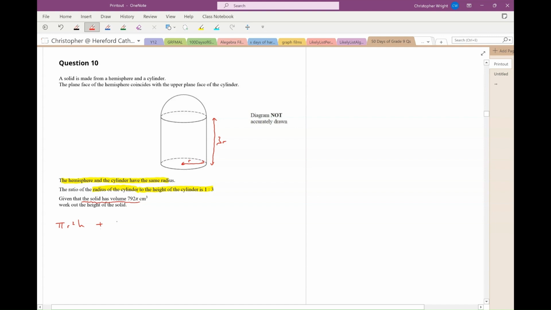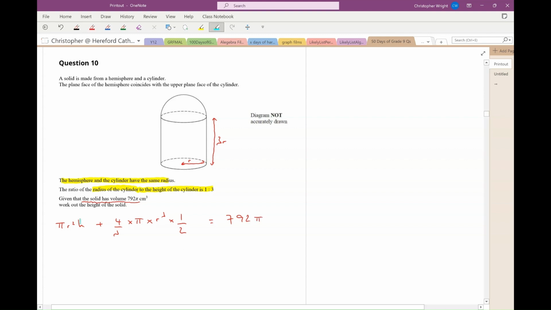The volume of a whole sphere is 4/3 pi r cubed. We've only got half of it here, so I'll multiply that by half. So there's an expression for the volume of the whole solid, and I know that that equals 792 pi.